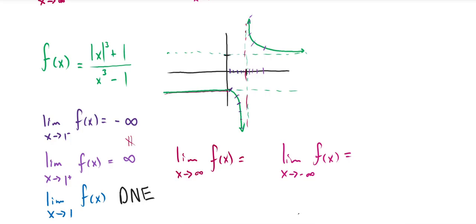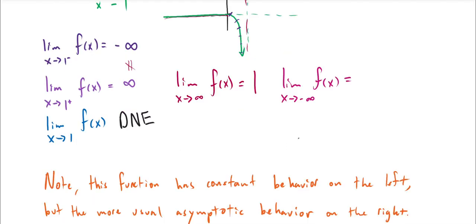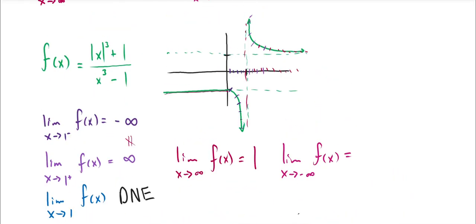Our values as x approaches infinity, well, on this side, we get bigger and bigger, and our y values get closer and closer to positive 1. And we have the normal asymptotic approach as we go in that direction. That is to say, this graph seems to get closer and closer without touching 1 on the right-hand side. But look at the left-hand side here, right? If we go towards negative infinity, we have constant behavior.